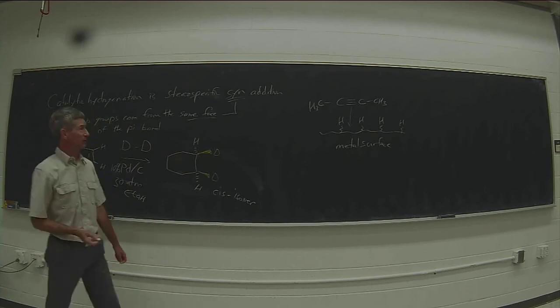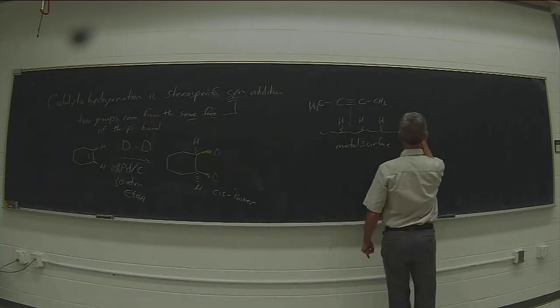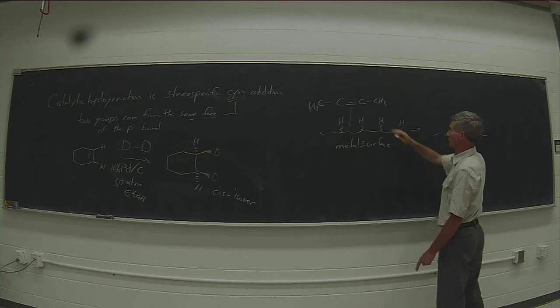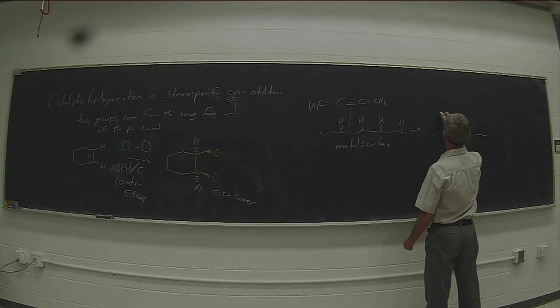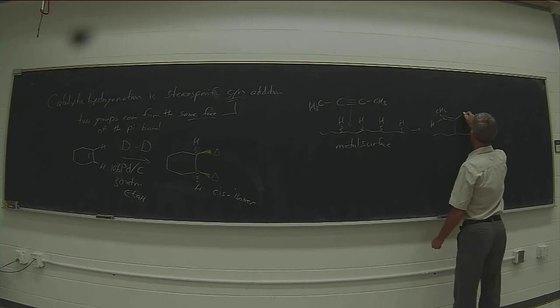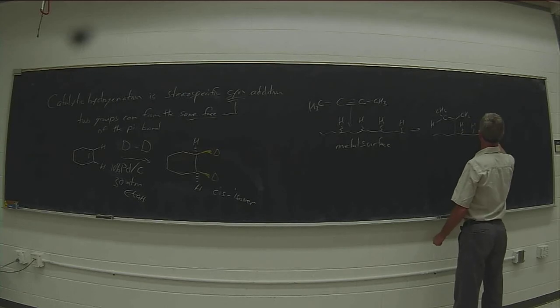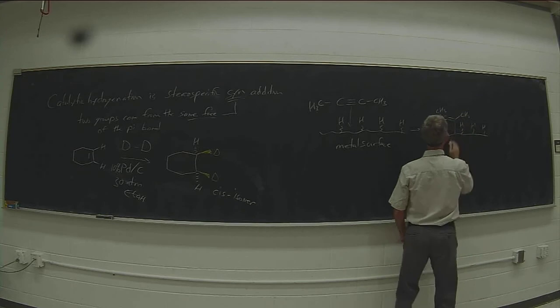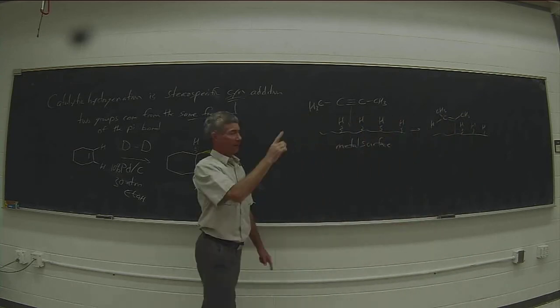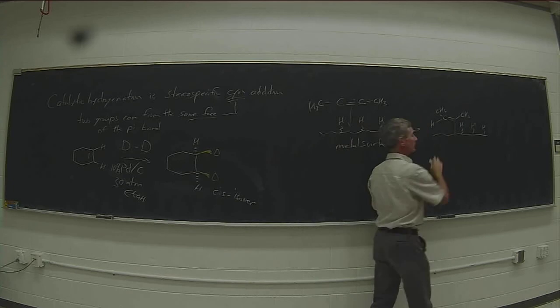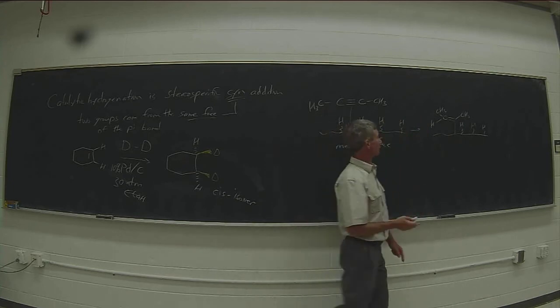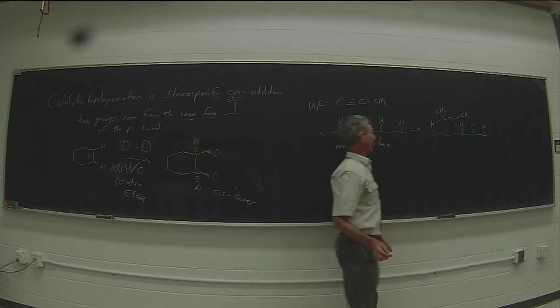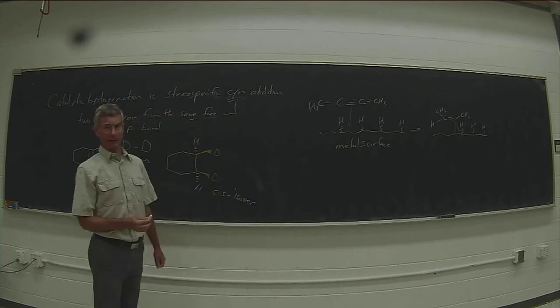It is thought to be a stepwise process, so that there will be an intermediate where one hydrogen is added, and the molecule is bound through the pi bond still to the surface, but the molecule doesn't leave, right? It doesn't freely rotate, so that the second hydrogen will be added to the same side as the first hydrogen.